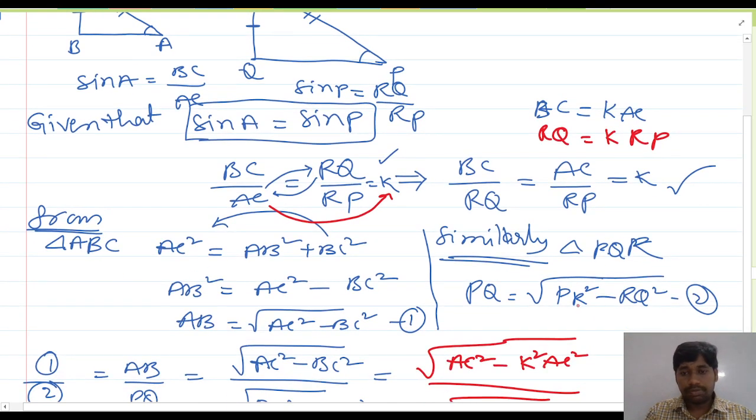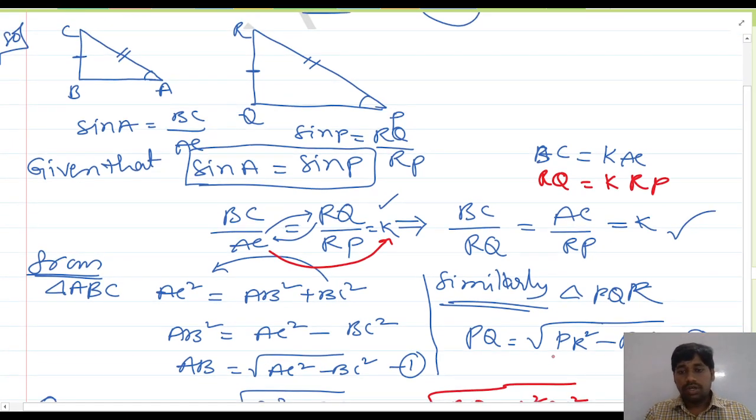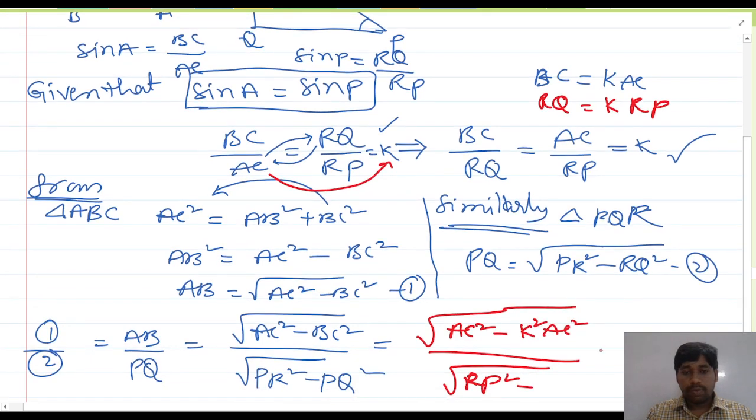Here I think we made a mistake. The hypotenuse is PR, so we have PR square minus RQ square. This is RQ square, correct. So RQ is nothing but K square RP square.